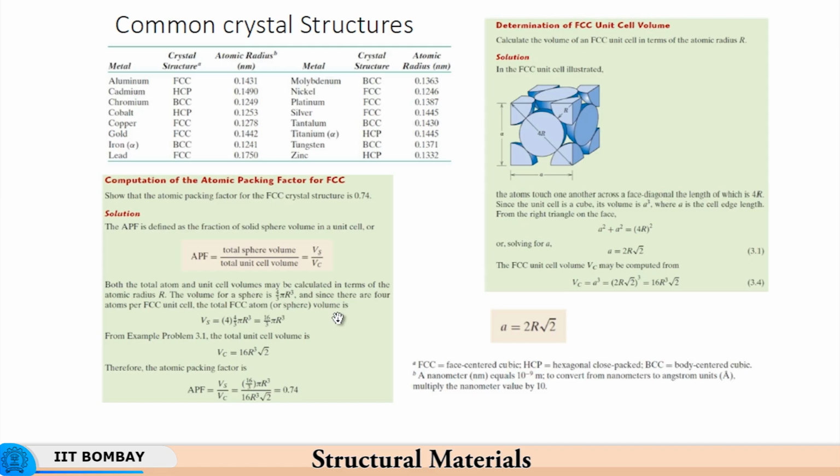Face centered cubic materials have extremely high ductility, they are easily deformable, and they have malleability. So, we can make foils out of them. We know that aluminum is used for making foils, copper is used for making foils. The more malleable the material, the easier it is to make foils out of it.